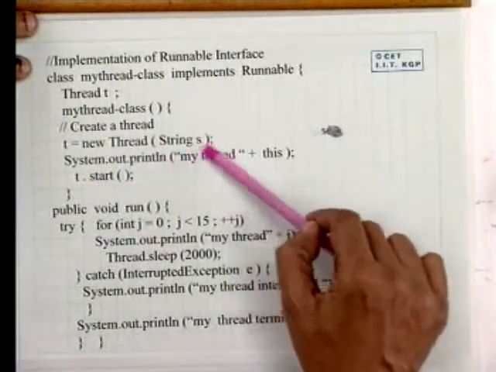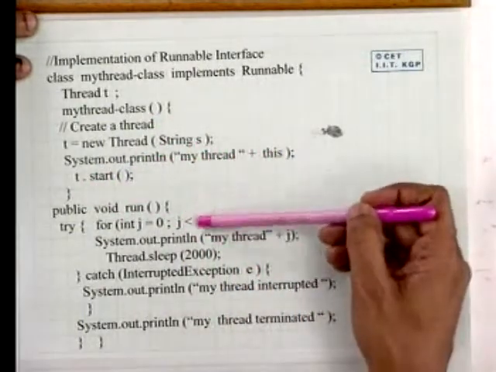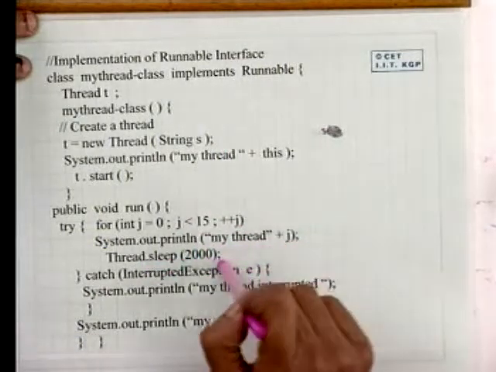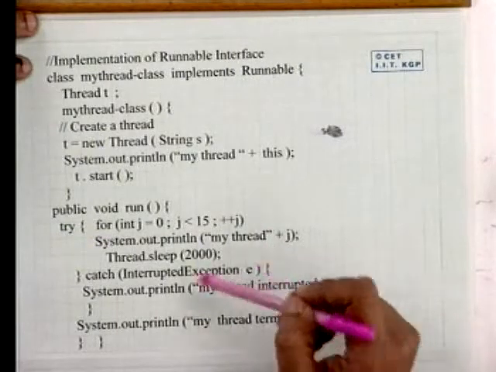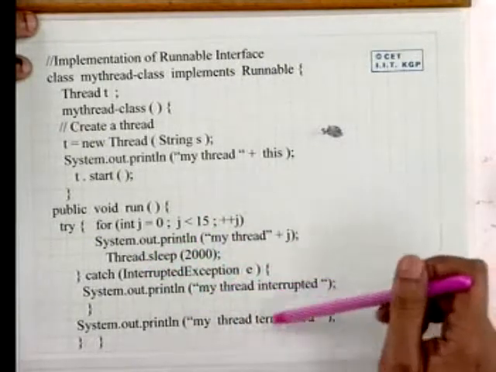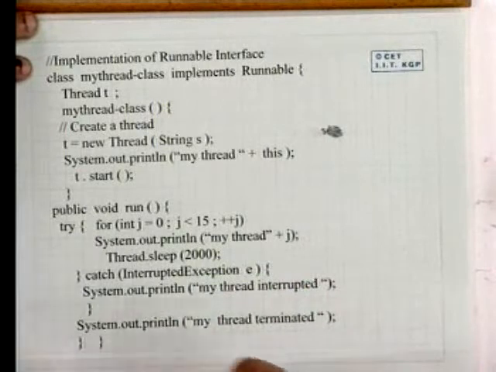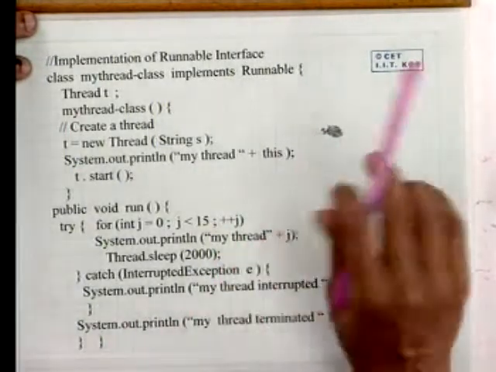So this new thread will be started, and we also ask it to sleep for 2000 milliseconds, and when it reaches this state, after finishing execution, it prints my thread is terminated.